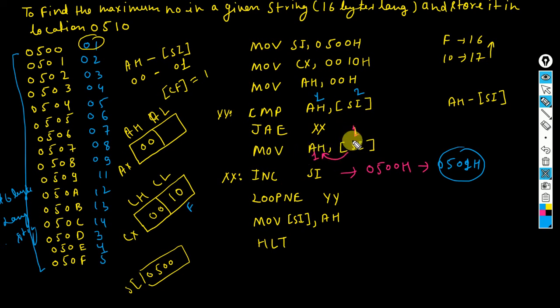Then we move the content of SI into our AH register. After the execution of this step, the content of AH is replaced by 2. Again increase the source index address and check the condition.